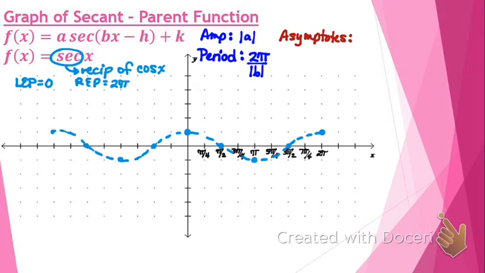My asymptotes are going to be where I'm crossing that midline at, which is happening where with this? Pi over 2 and 3 pi over 2. And so it would also be occurring on the negative side at negative pi over 2 and negative 3 pi over 2.